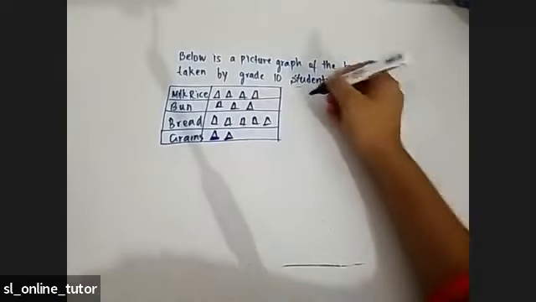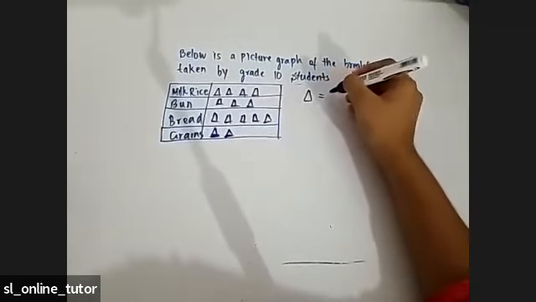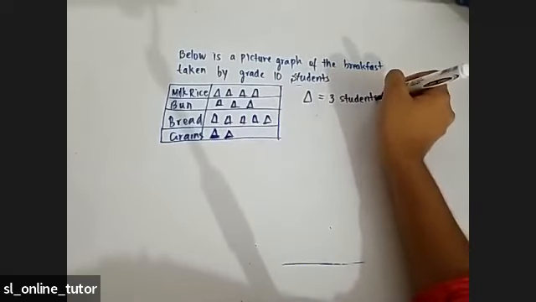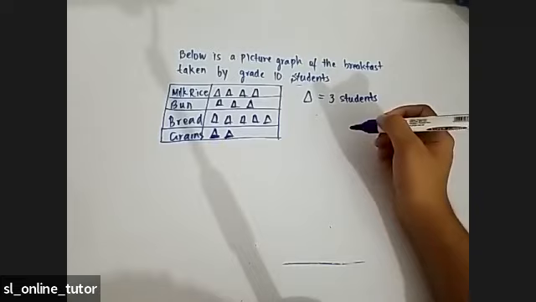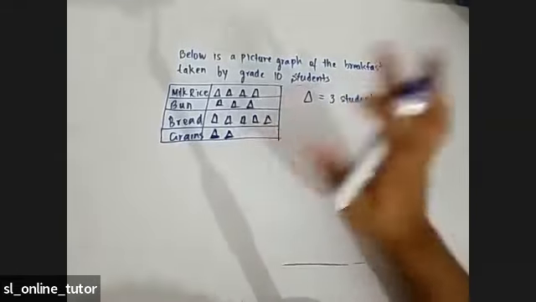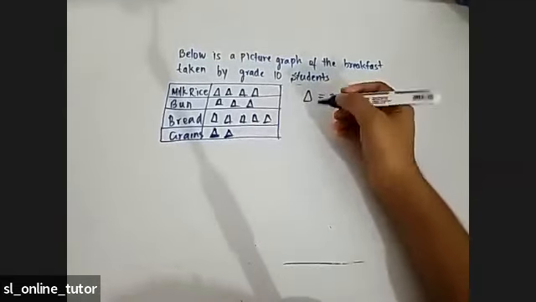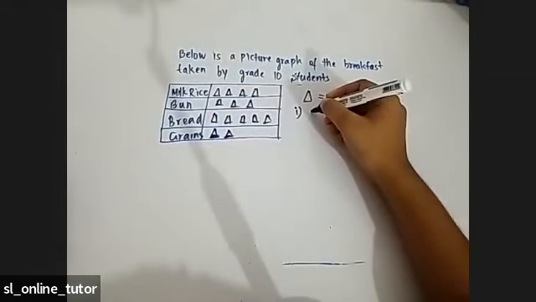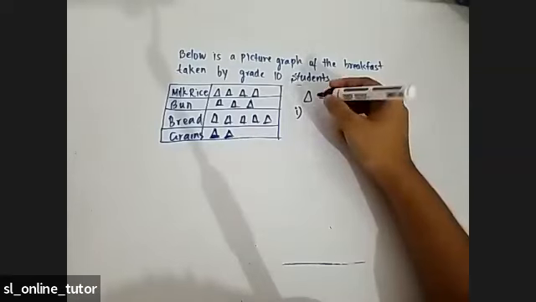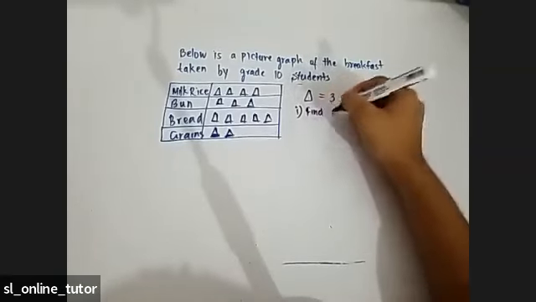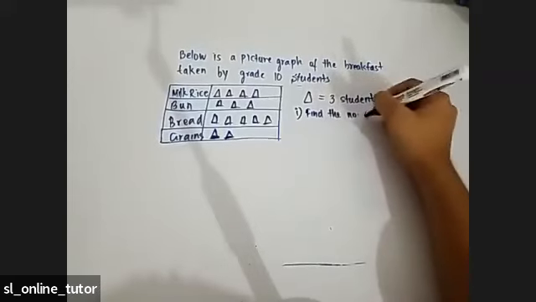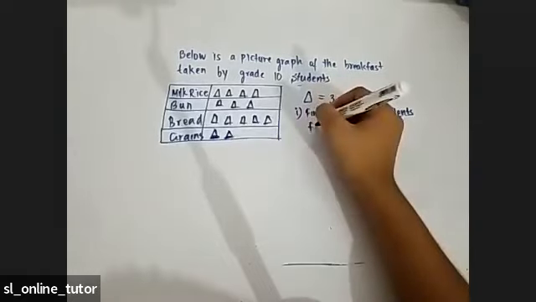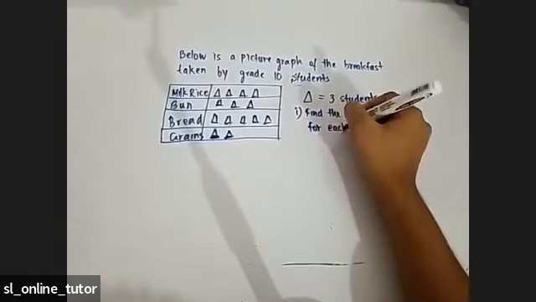Now, 1 triangle denotes 3 students, right? So you have to show this information. Before that, I'll give you 2 Roman numbers. Roman number 1, find the number of students for each food type.